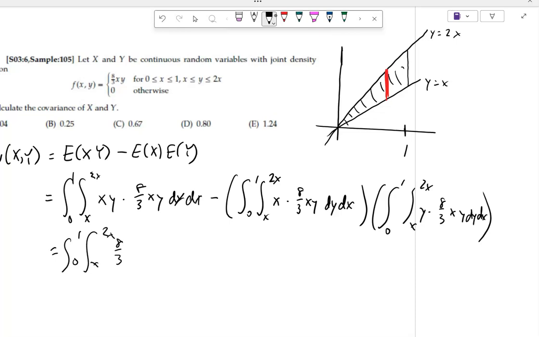The first one, what are we integrating? We've got 8/3 x squared y squared dy dx. We're integrating with respect to y. So when you integrate with respect to y, what do you get?